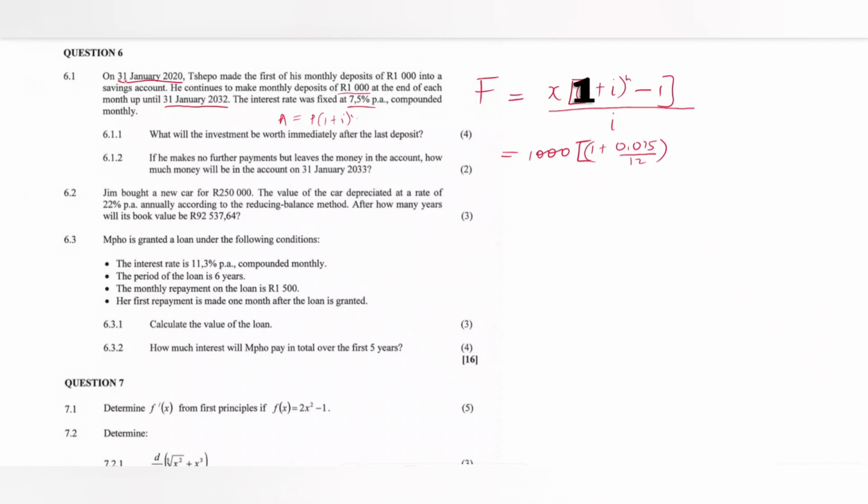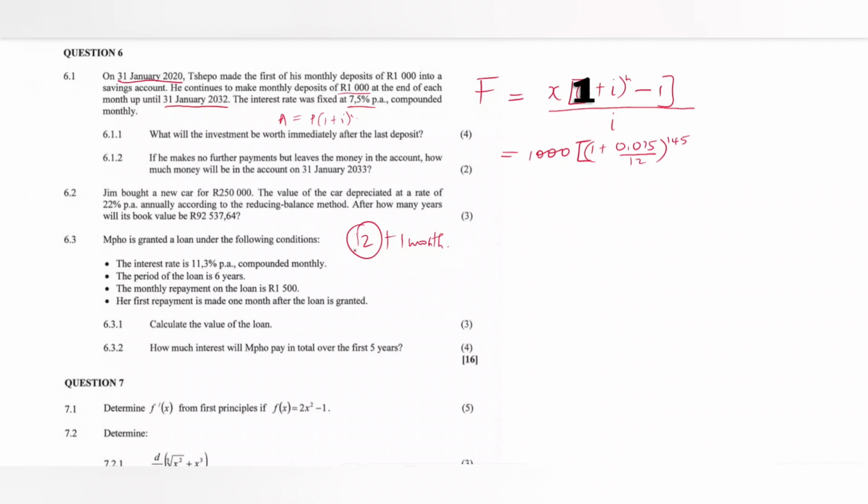So let's check how many months there are from 31 January 2020 to 31 January 2032. If we calculate the number of years, we find there are 12 years plus 1 month. So 12 years in months is 12 times 12, which is 144. The 144 plus 1 is 145. So that's the value of n.